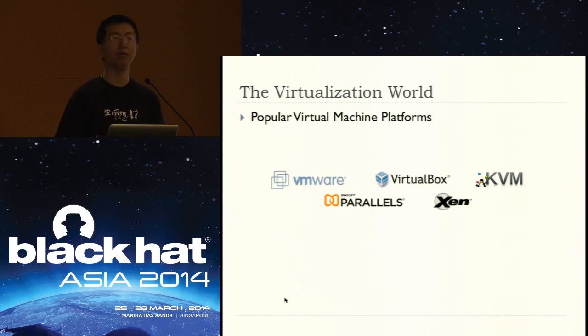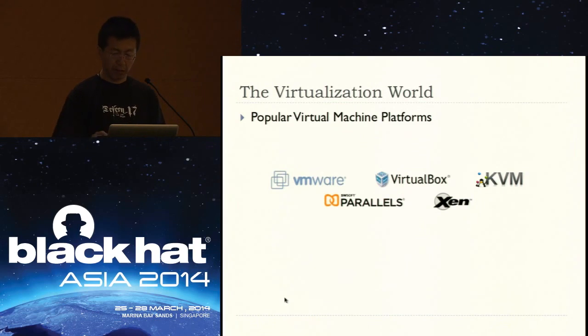For example, VMware. You have VMware ESX, which is a type 1 hypervisor. It runs on top of physical hardware and then manages virtual machines. And for regular users at their desktop, likely you're using the other type of product from VMware, like VMware Fusion, VMware Player, and Server. Those are pieces of software that run on top of your Windows or Linux. Then you can run a guest OS within it.